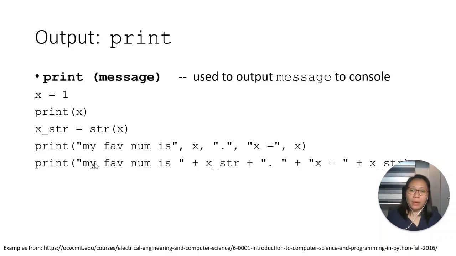That's why we have here a string plus x_str, which is a string since we did cast here and assign to x_str, and plus a string again. So that's the difference between the comma and the plus operator.